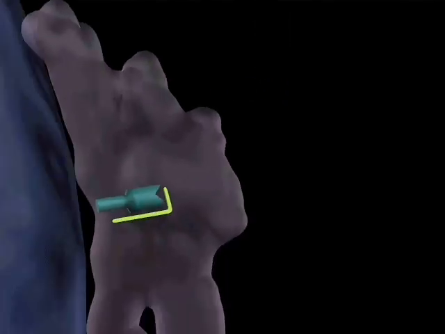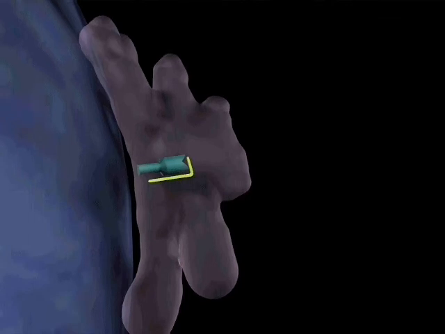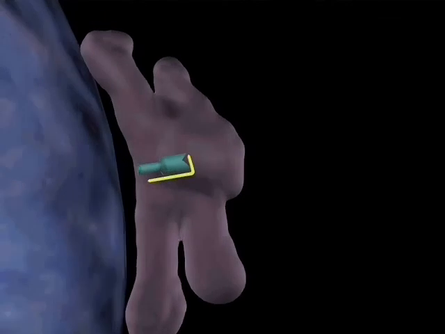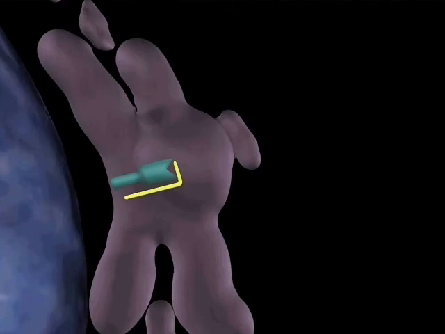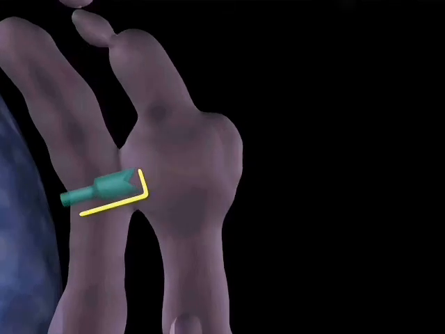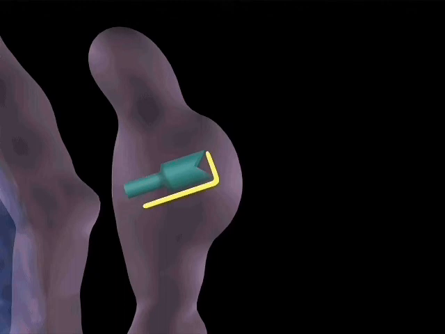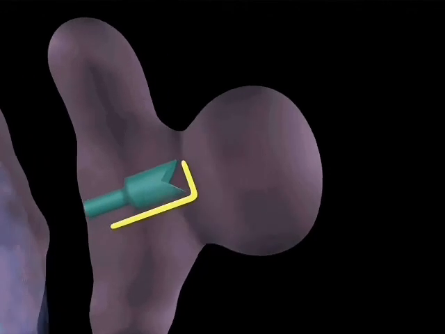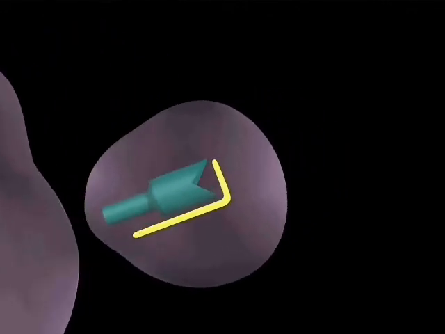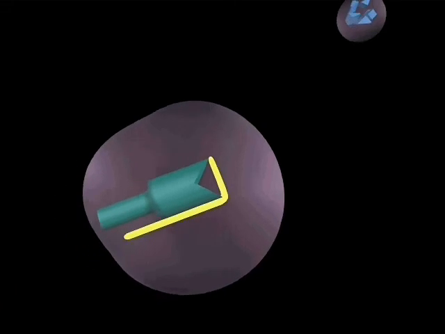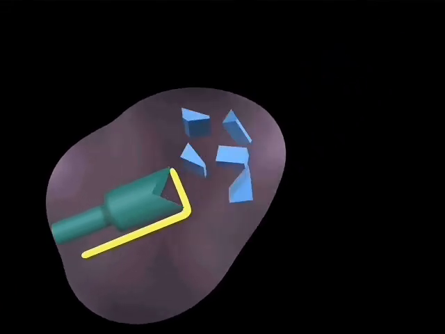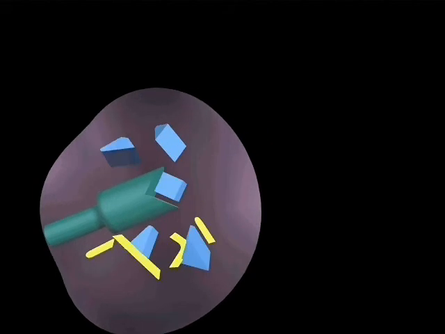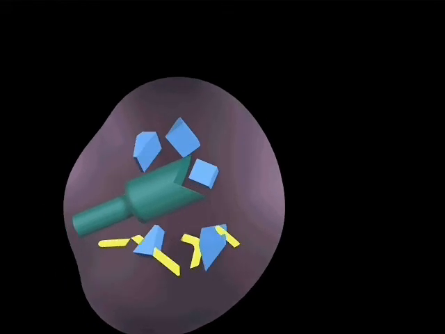Elsewhere in the macrophage, major histocompatibility complex molecules are being synthesized at the endoplasmic reticulum. MHC class II molecules are transported by vesicles which intersect the pathways of vesicles released from the phagolysosome. Proteolytic fragments of the antigen bind to the MHC class II molecules in a special compartment, displacing the invariant chain of the class II molecule.